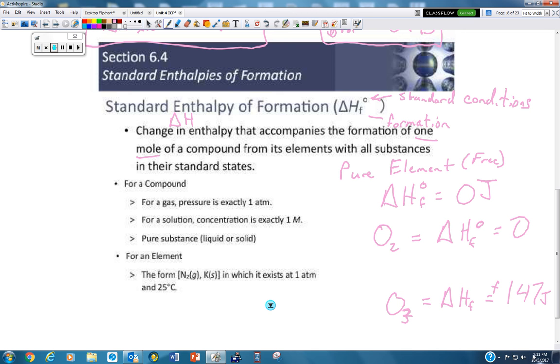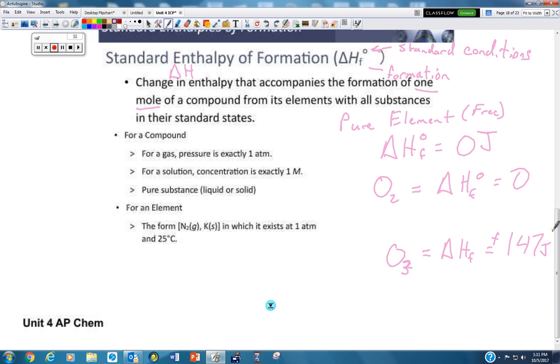I'm just wanting you to see this table so that you know where these numbers are coming from and know that they match up when we start manipulating these. So the only real skill that you need to know right now is how do we write a heat of formation equation?